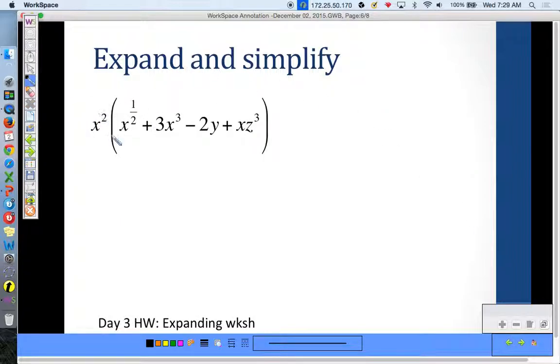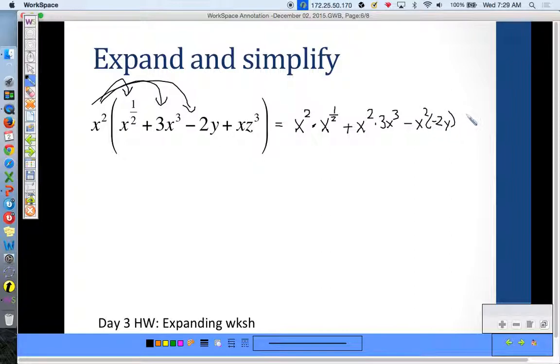And the last one, again, it really helps to write this out. So we have x squared times x to the 1/2, plus x squared times 3x cubed, minus x squared times negative 2y, plus x squared times xz cubed.